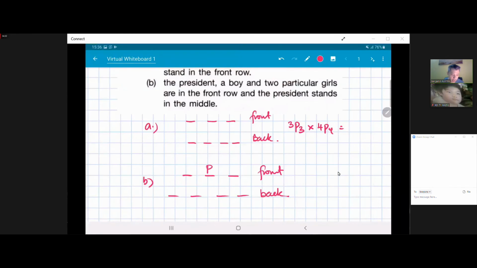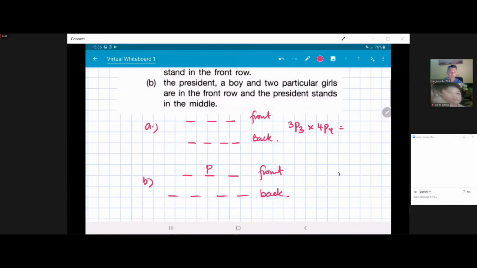So how do we do that calculation then? They are in the front row. You understand this? And the president stands in the middle. So what we have now is, the back part never says where the girl is supposed to be.